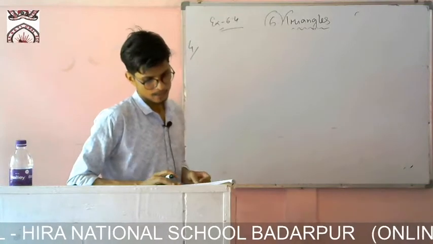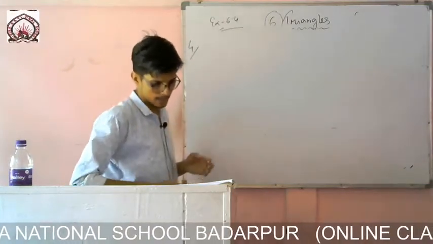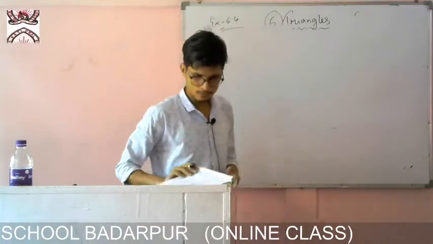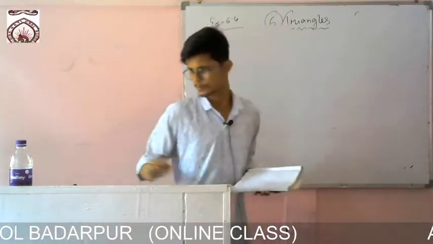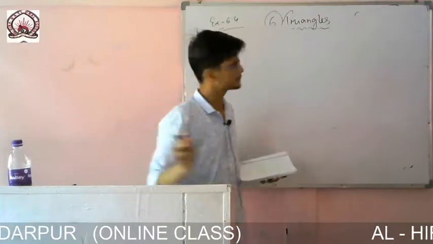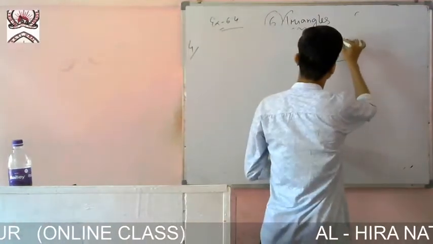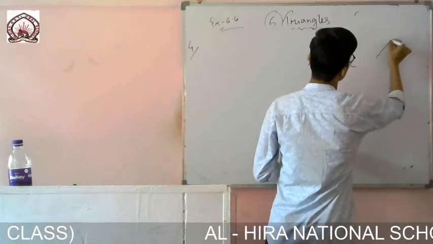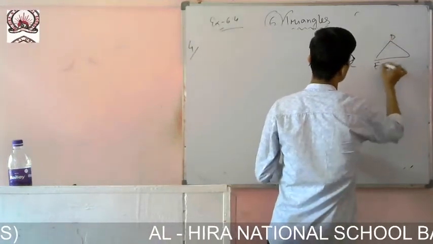Two similar triangles are given. So let me draw two triangles, ABC and another one, anyone you can name, DEF let me give.